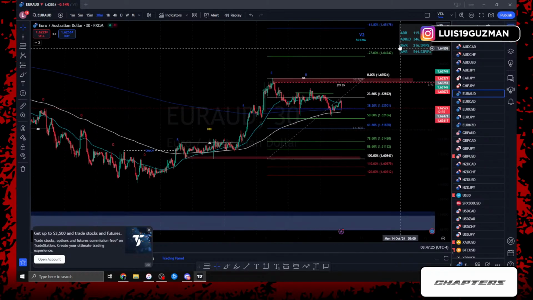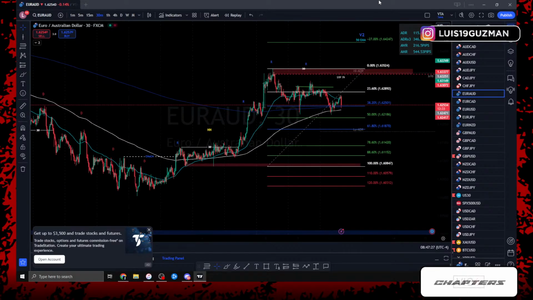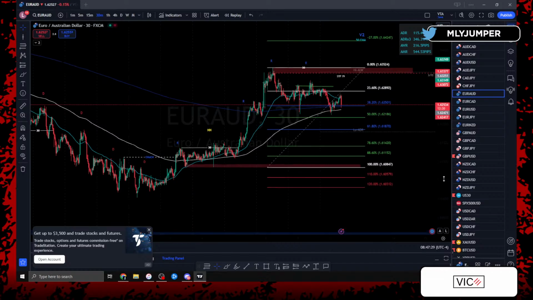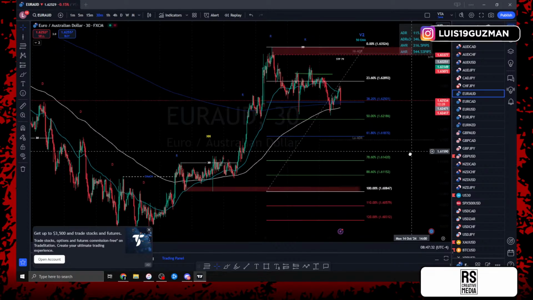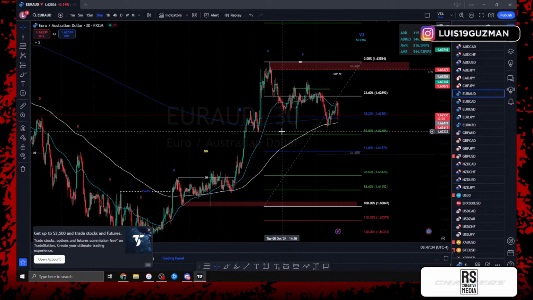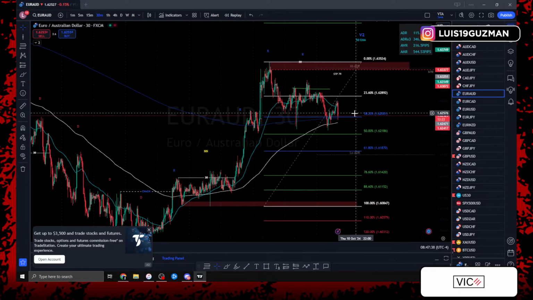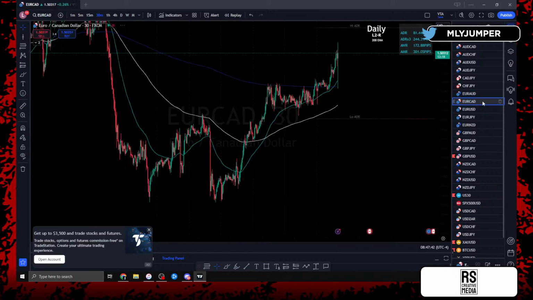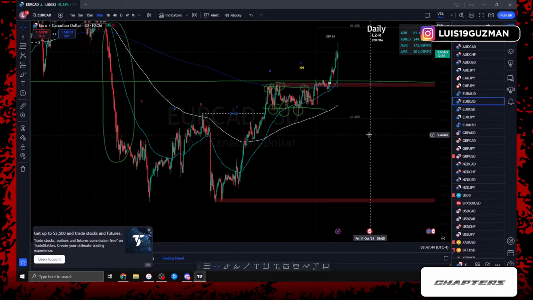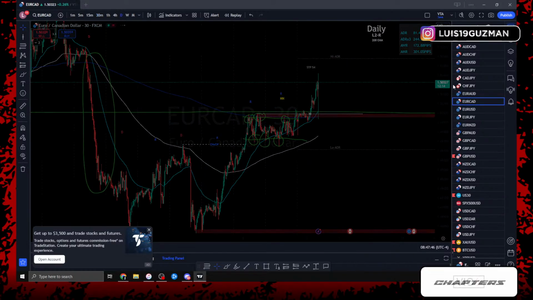You got to separate, okay, what's high probability versus low probability. And right now, this entry that I'm thinking about looking at, which is again the 50% retracement, is a low probability trade. So EA, I'm not gonna turn that one on. We'll just update that tonight in the isolation session.